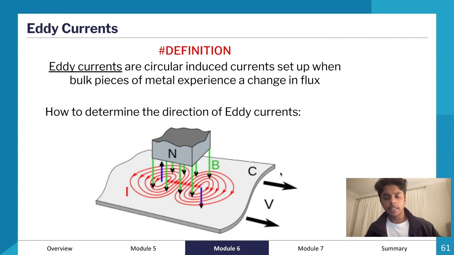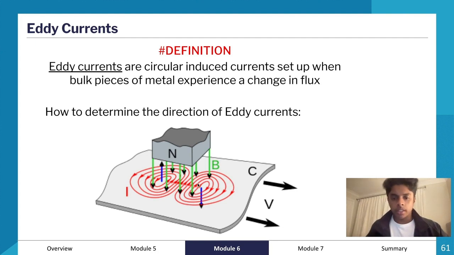If it's moving right, that means this small section of the metal is experiencing a change in magnetic flux. That change is that it goes from experiencing a magnetic field to not experiencing a magnetic field, so the field lines going into the page are decreasing.